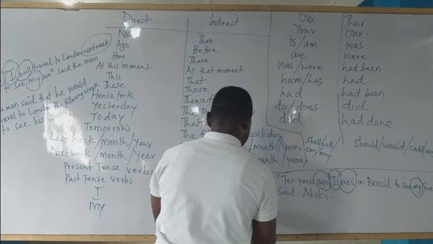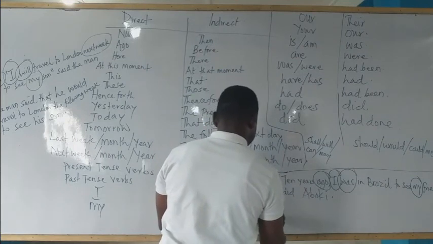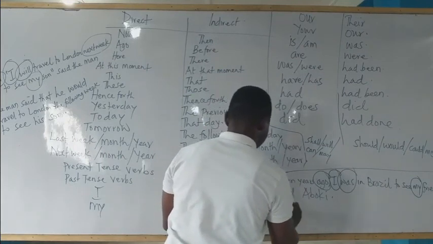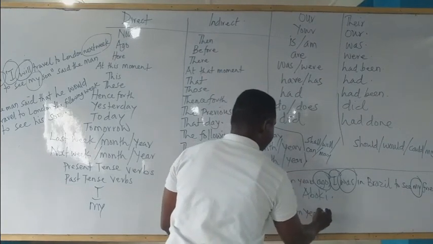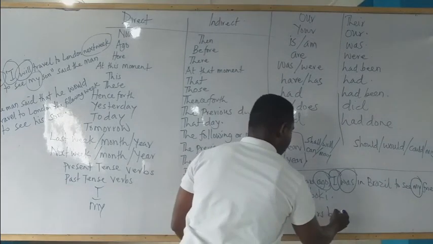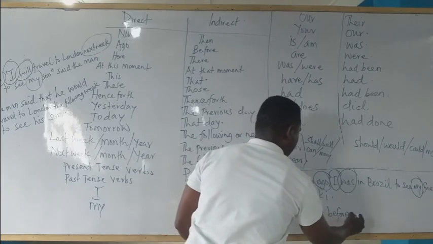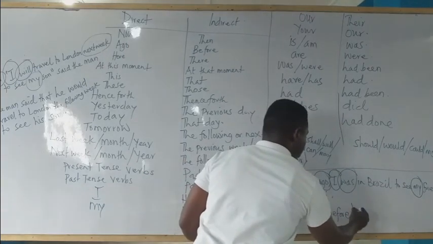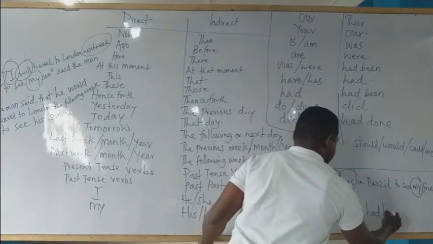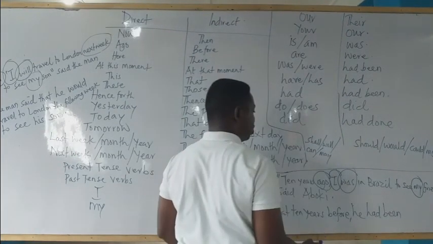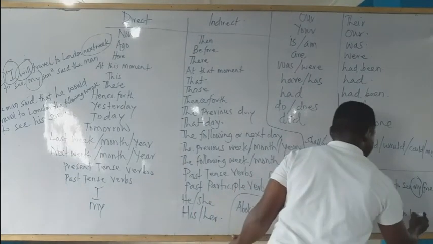Aboki said that 10 years ago becomes what? Before. 10 years before, I becomes he. Was becomes had been. 10 years before, he had been in Brazil.